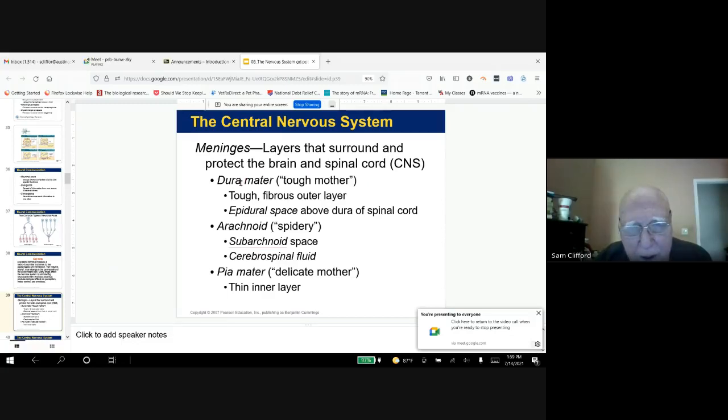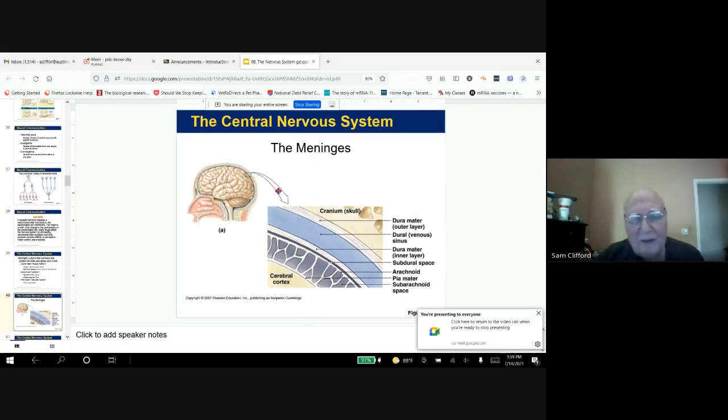So know what these mean, know where they're located. So here we have the brain, and on top of it are these layers that protect it and help control what goes into the brain. That's brought in by blood vessels, and their entry is controlled in the blood vessels by the ependymal cells of the neuroglia.